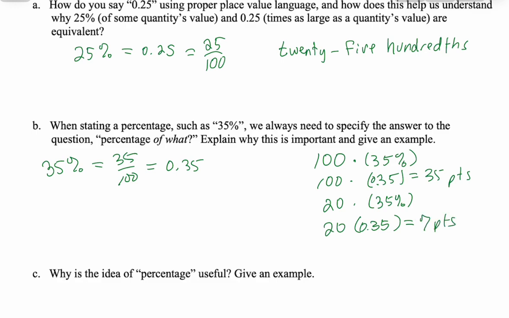So I think what they're trying to remind you in part B is the percentage really has to be linked with something for us to have meaning, okay? If I said, well, I have 35% of that, of what? It's important that we have some context. So in a word problem, the context is going to be helpful.